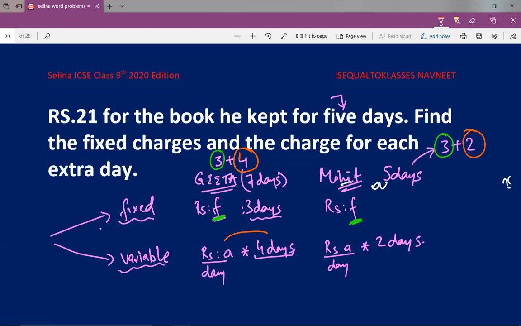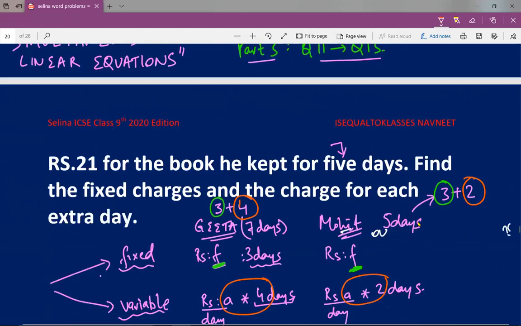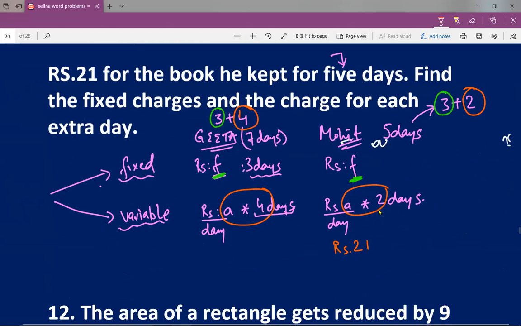And we are getting this 4A and 2A in this case. Now the total amount paid by Mohit is rupees 21 and the total charge paid by Geeta is rupees 27.